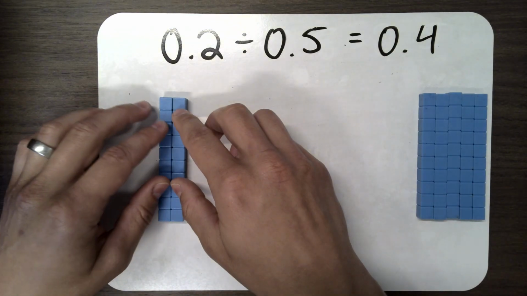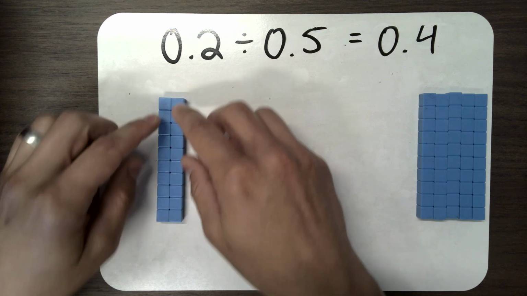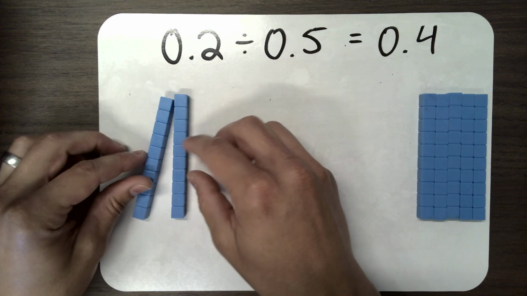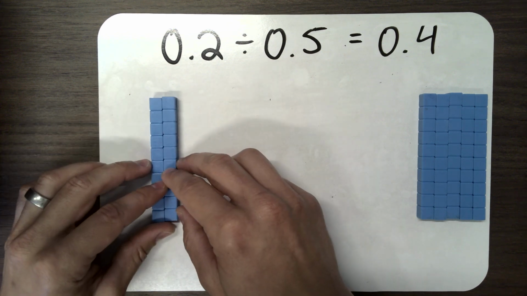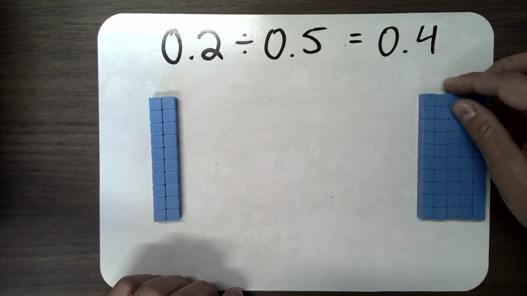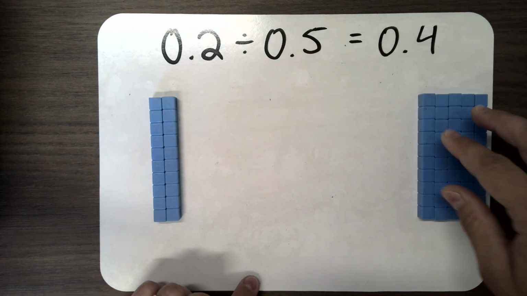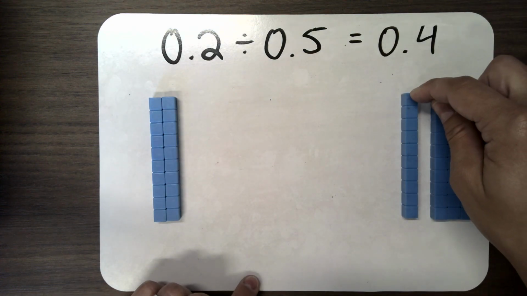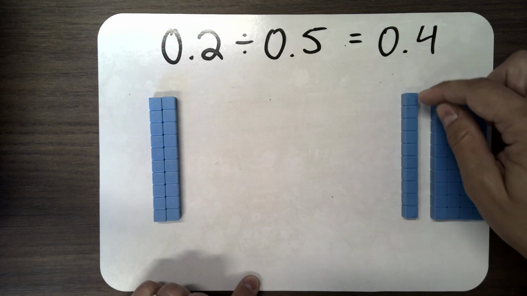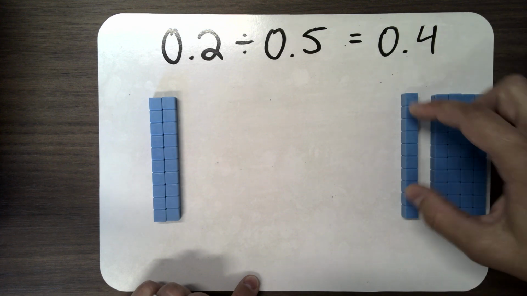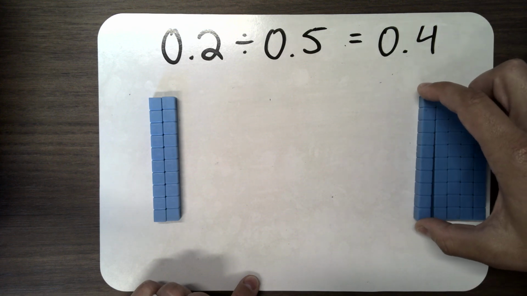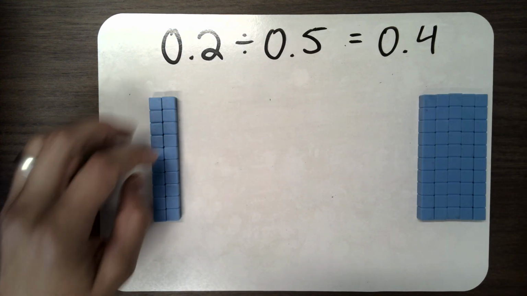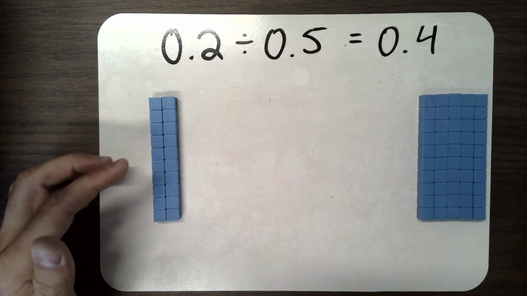But we want to think of rearranging this or breaking this apart. So we're going to decompose these actually into hundredths, so we can move these around to match this structure. Okay, so if we have 5/10, how I have it shown here, I have 5 full tenths. Okay, so I have 5 columns that each contain 10 hundredths. Okay. So we're going to break this apart. So we have 2/10, so we have a total of 20 hundredths here.